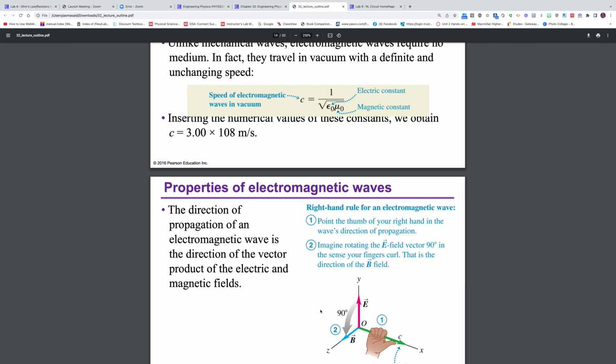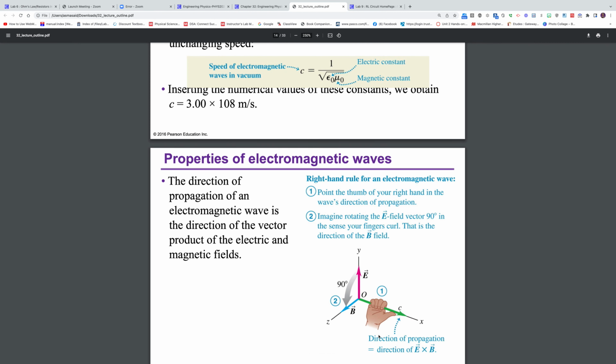Now, this is just a diagram to show you that the direction of propagation of an electromagnetic wave is the direction created by using the right-hand rule. This is E, this is B. E cross B is a vector along the x-axis, and this is the propagation vector, because C is the velocity of light.